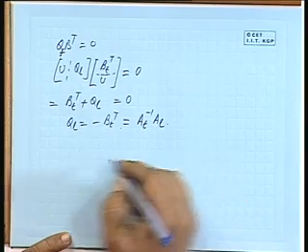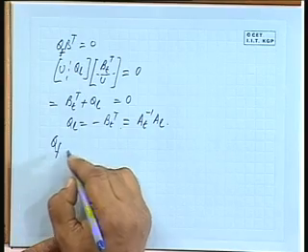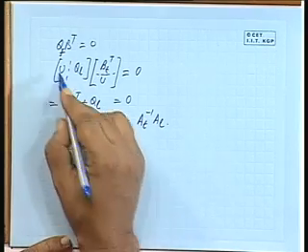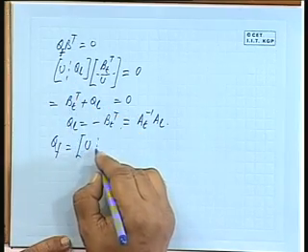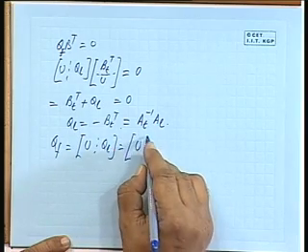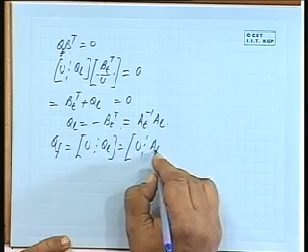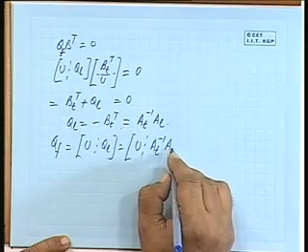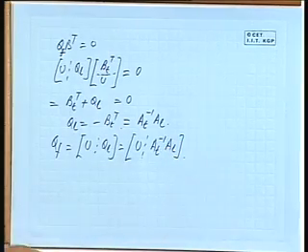Okay. So QF is therefore U partitioned QL, and I can write this as U partitioned AT inverse AL. Is that okay? Yes.